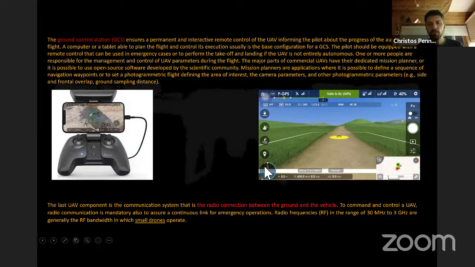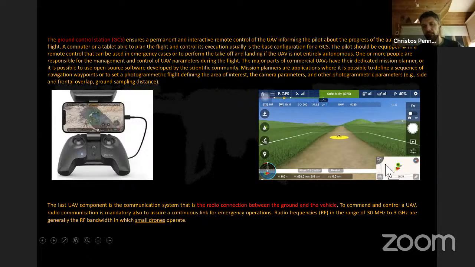And this is a small radar-like vision of the drone, where in the center is the pilot, and with the red arrow we can see the drone. So in order for the pilot to spot the drone if he has lost optical sight of it, he can use this.